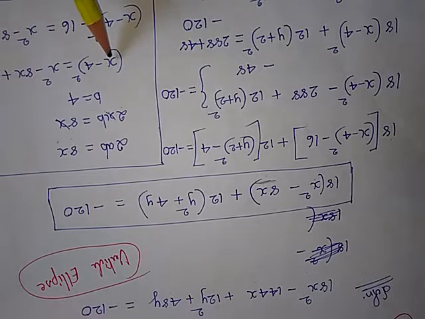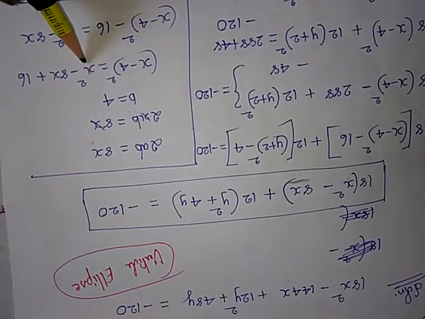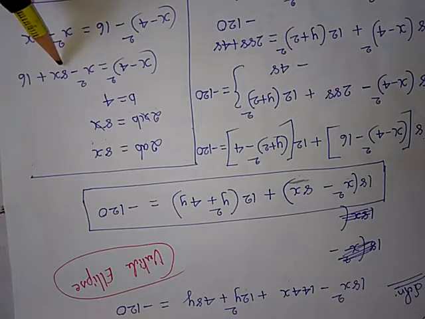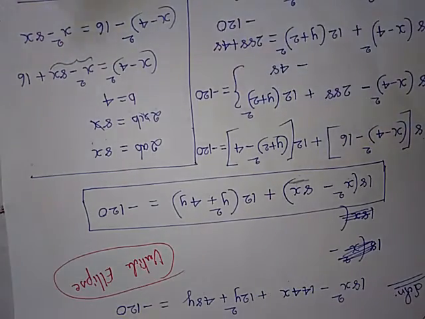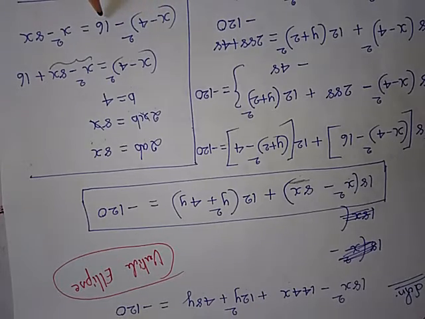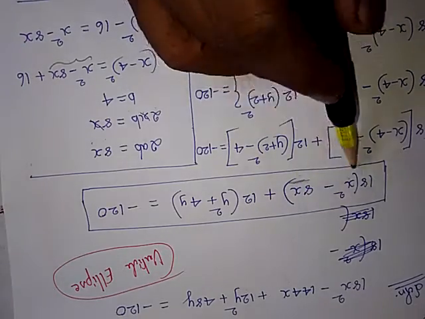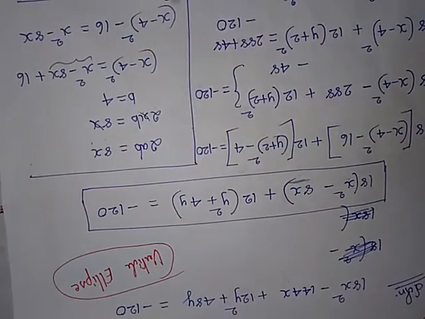Therefore we can write x minus 4, the whole square, is equal to x squared minus 2ab, which is minus 8x plus 16. But what we want is only x squared minus 8x. Therefore bring the 16 this side: x minus 4 the whole square minus 16 is equal to x squared minus 8x.